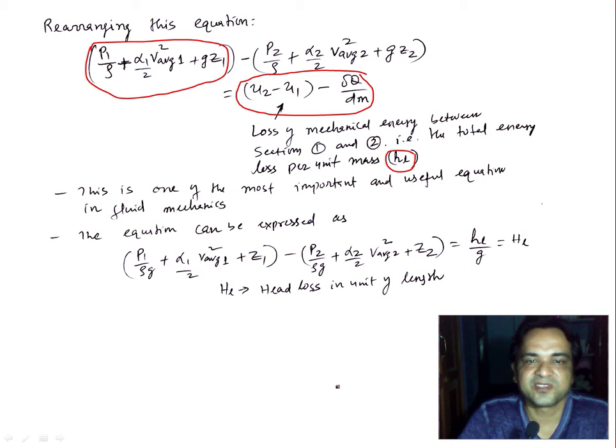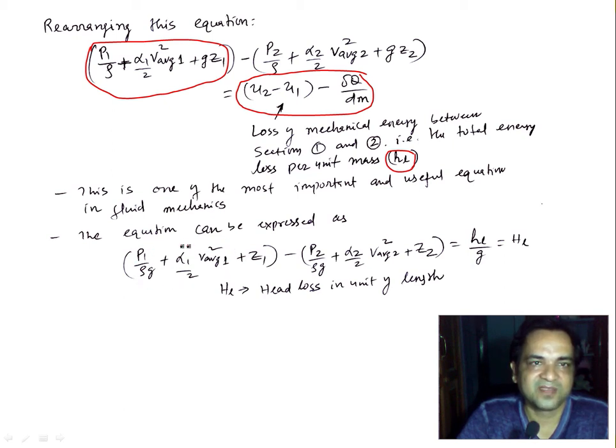The equation can also be written by taking the head terms. I will express all the terms in the unit of head, that is, in the unit of length. Then you divide the terms by g. P1 by rho was there, now divide by g, P1 by rho g, and the unit of this will be meter.